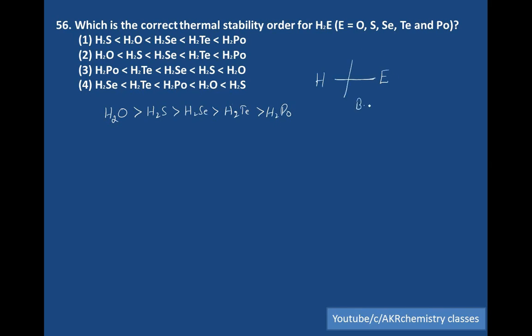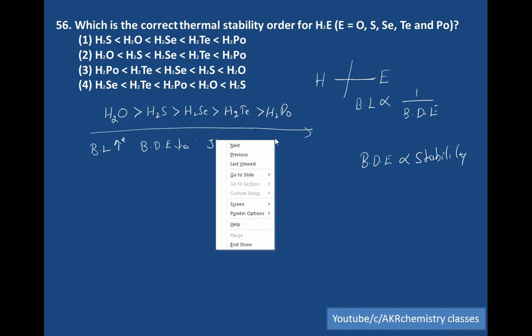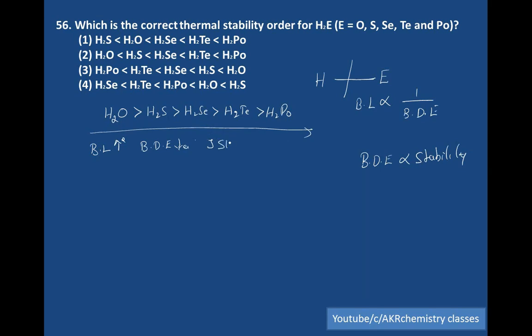We know that bond length is inversely proportional to bond dissociation energy, and bond dissociation energy is directly proportional to the stability of the molecule. So from here to here, bond length increases, bond dissociation energy decreases. Therefore the thermal stability of these compounds also decreases. So option 3 is the right answer.